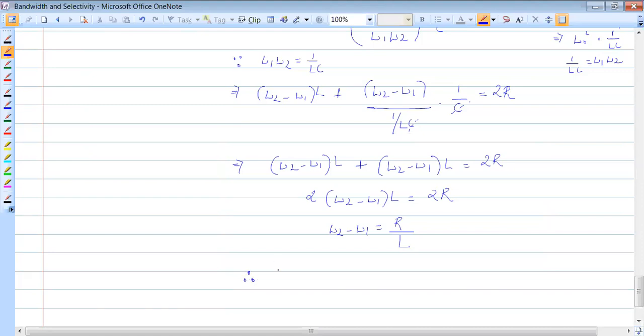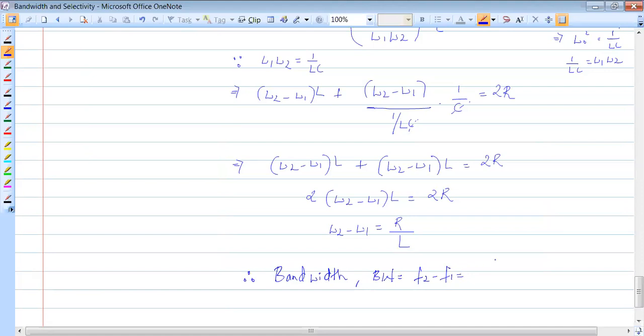Therefore, the bandwidth, which is given by BW, f2 minus f1, would be, anybody, what would it be?